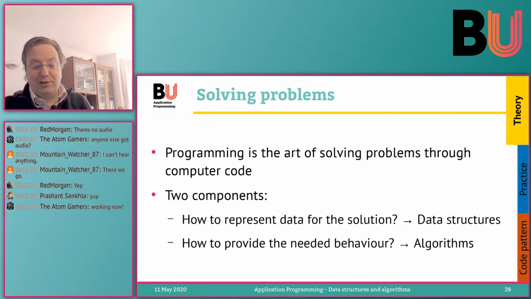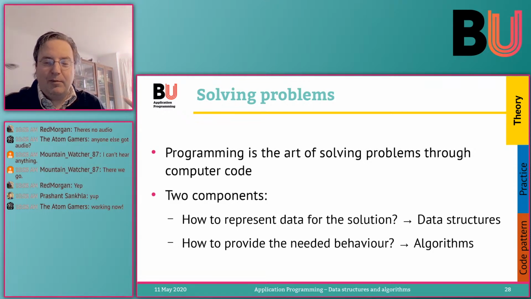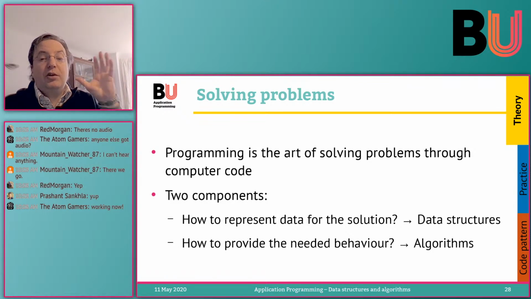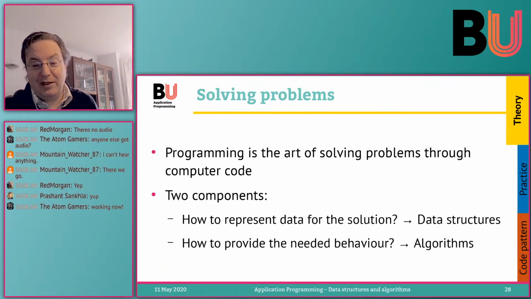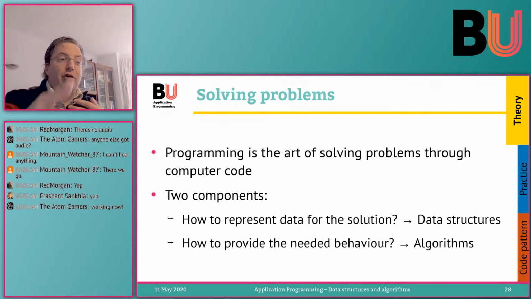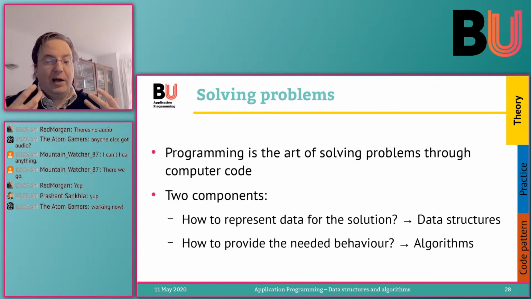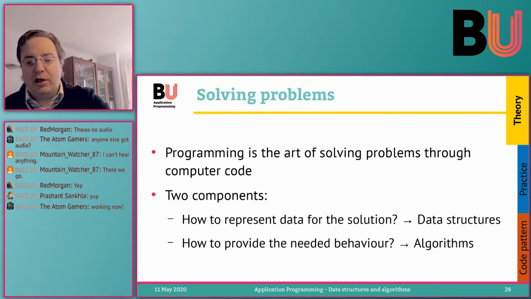You could calculate it all the way through, but that is actually taking more time than you need, because as soon as you find the first element for which the value is not true, you will know that it's not true. But your algorithms always work on data, and the way that it is structured also influences the way that your algorithm works. Or the way your algorithm functions determines how you have to design your data structure.